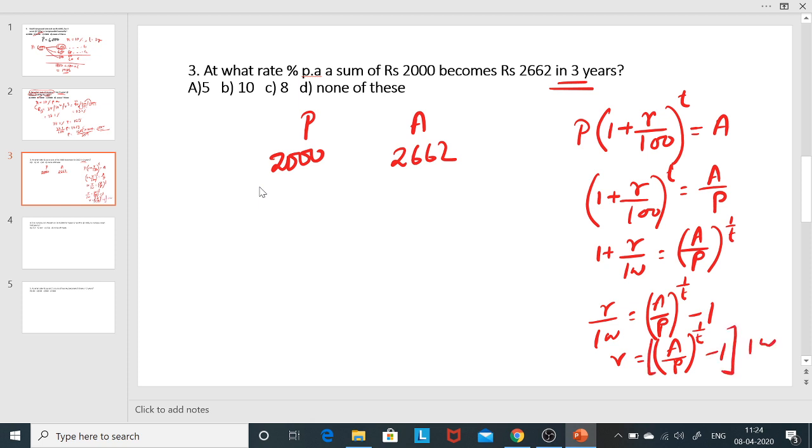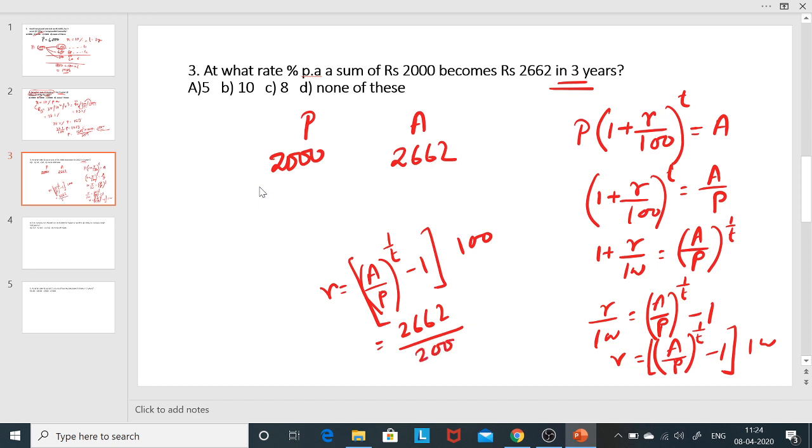So basically if you want to get the value of R using the formula, then the formula for getting R is amount by P to the power 1 by T minus 1 into 100. Now if you use this formula and put the value of amount, it is 2662 and principal 2000, minus 1, into 100.